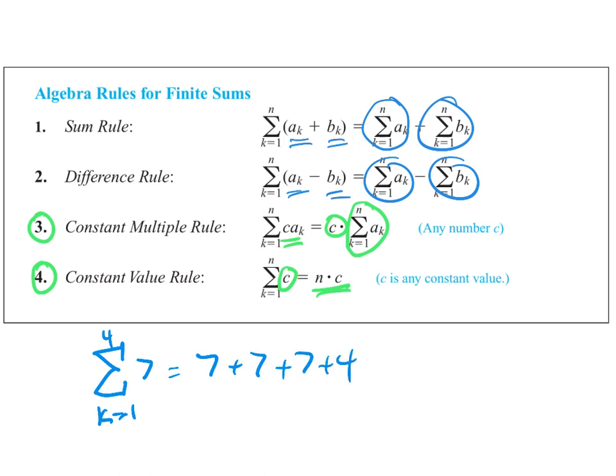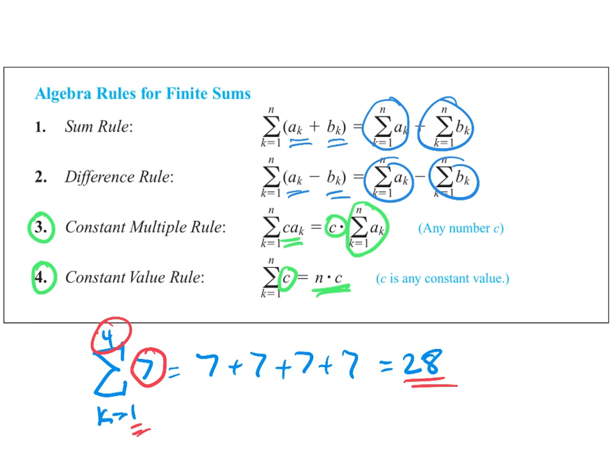And then, of course, 7 plus 7 plus 7 plus 7 is 28. And so what we find is we can skip that process if we're starting at 1. And if this guy is a constant, then we could just do 4 times 7 and write 28 down.